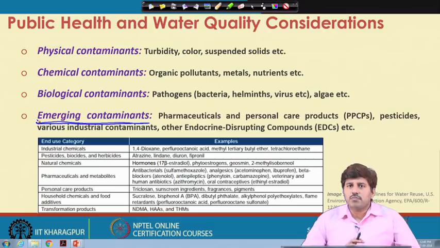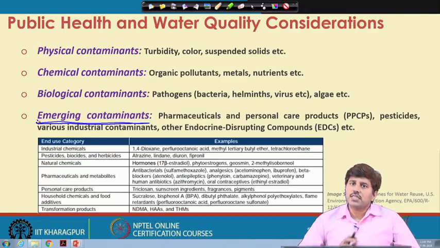So, there are not many reuse guidelines on these, and people generally do not test for them in the first place. Does your wastewater have pharmaceutical or personal care products, pesticides, various industrial contaminants, or endocrine disrupting compounds?